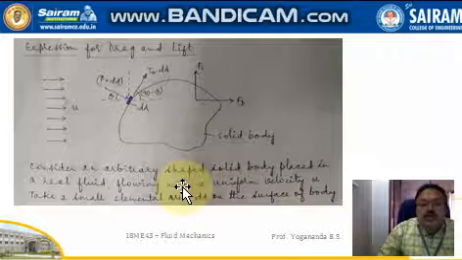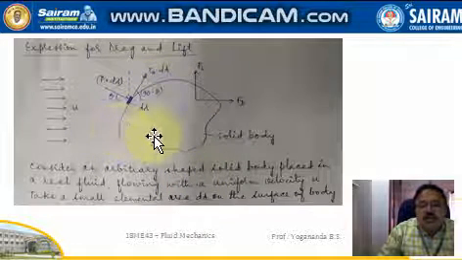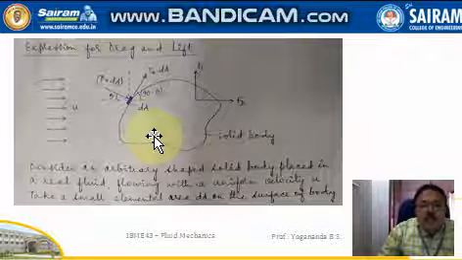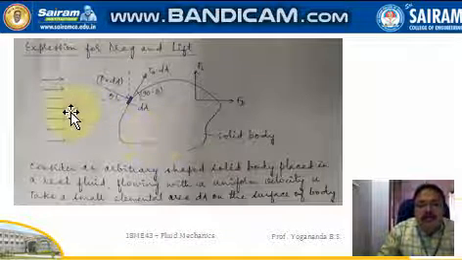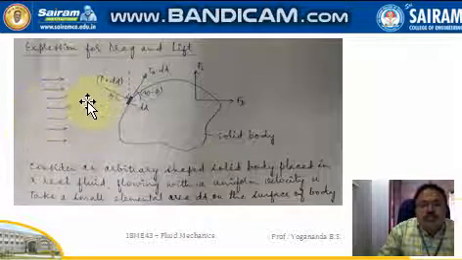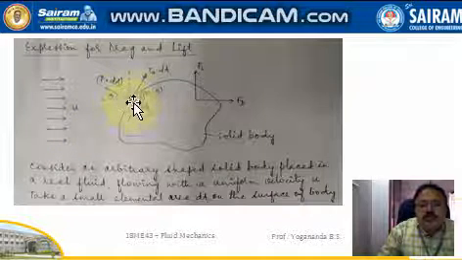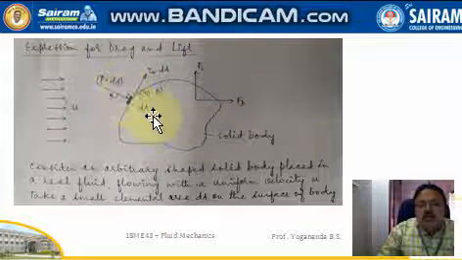Now, expressions for drag and lift. I am considering an arbitrary shaped solid body placed in a real fluid flowing with a uniform velocity u. You take a small elementary area dA on the surface of the body.